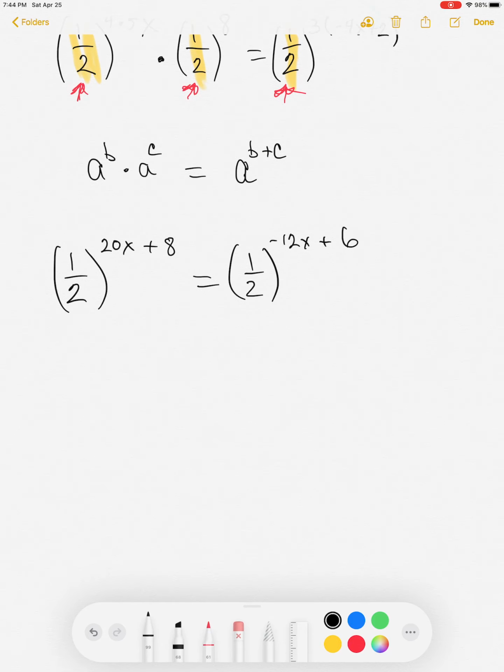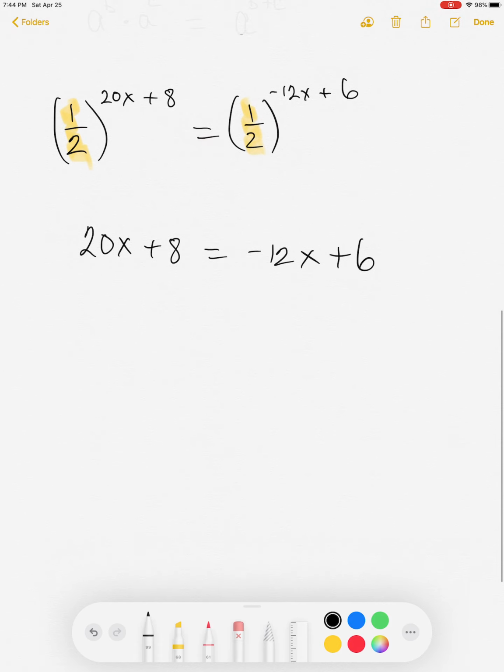So now that I have a common base on both sides, that means that their exponents have to be the same. So 20x plus 8 has to equal minus 12x plus 6. And now that's something that's quite easy to solve. I'm going to add 12x to both sides. So I have 20 plus 12 is 32x plus 8 is equal to 6.